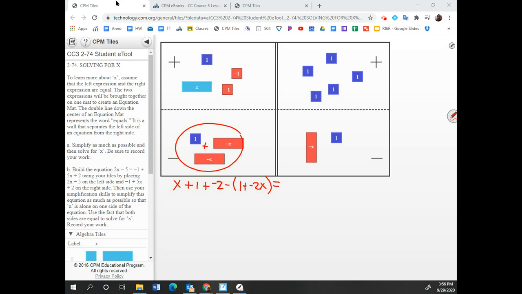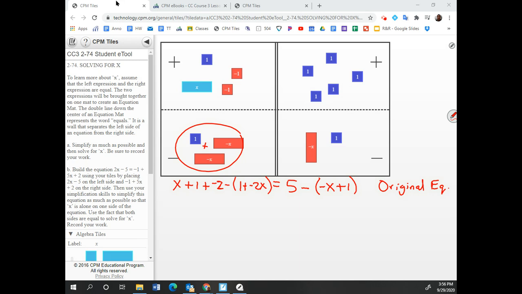Then I'm going to bring this equal sign down. Okay, that means equal. Over here I have 5 minus parentheses negative x plus 1. That is the first step. Okay, that's the original equation. And so we're going to write down original equation. I'm out of room there, so I'll just put original EQ.